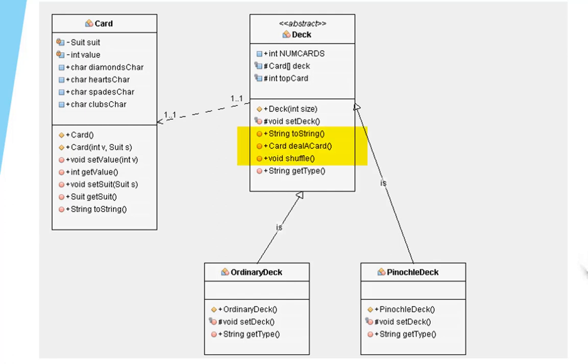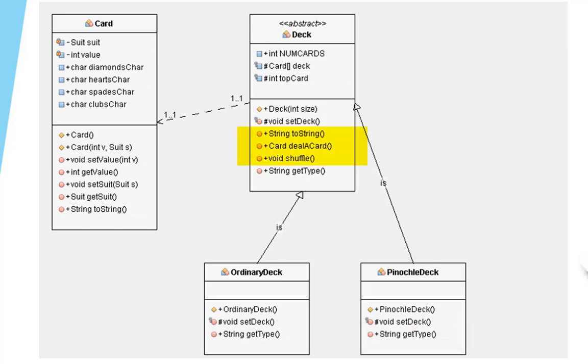The toString method, the deal a card, the shuffle, and we see a string type called getType. The getType will be a polymorphic method that allows us to have each deck report what type of deck it is.